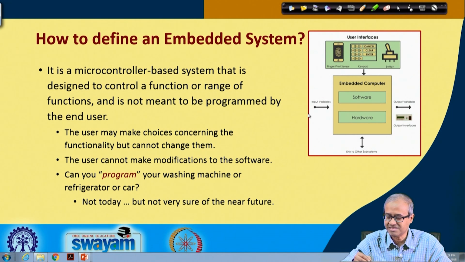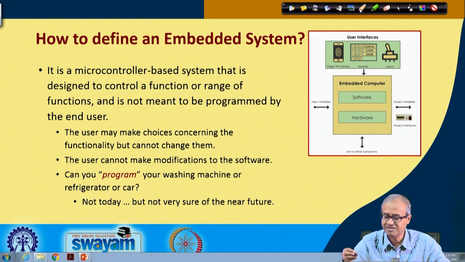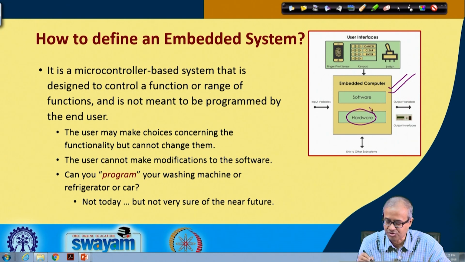So, this is a schematic diagram of an embedded system you can see here. The embedded computer is sitting in the middle, which has some hardware, the microcontroller, and some program which is running on it, software.